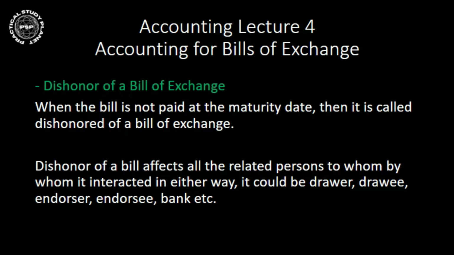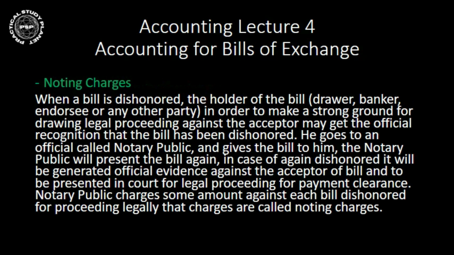Noting charges. When a bill is dishonored, the holder of the bill, drawer, banker, endorsee, or any other party, in order to make a strong ground for legal proceedings against the acceptor, may get official recognition that the bill has been dishonored. He goes to an official called a notary public and gives the bill to him.